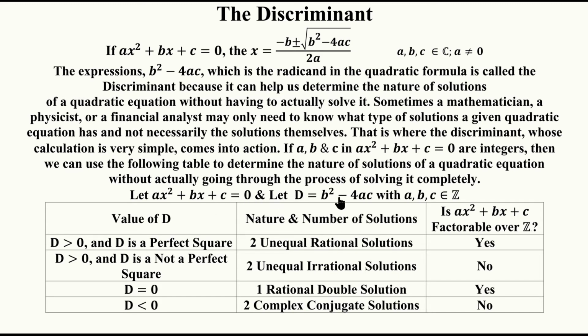If we call this expression b squared minus 4ac D, or we usually use capital D for discriminant, then notice that if a, b, and c are integers, when you look at this expression here, which gives us the values of x, that means that's going to be some integer.